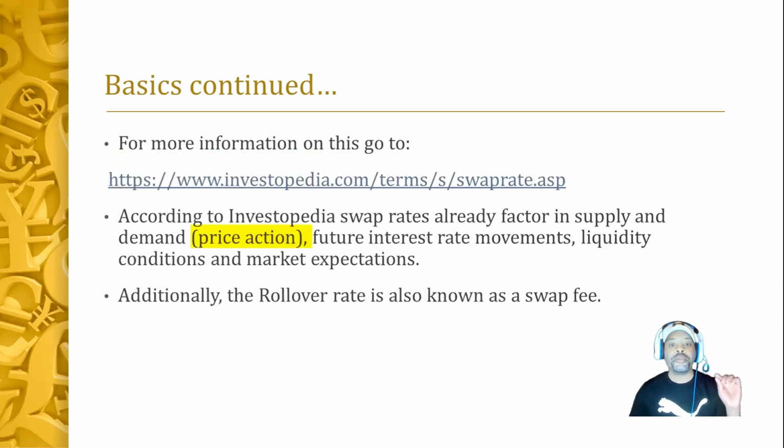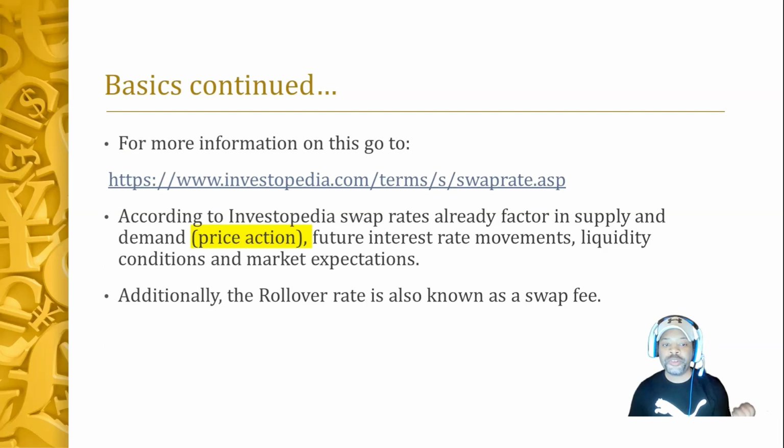So make sure you save this link or you research it yourself, because Investopedia is kind of like an encyclopedia for trading, and it goes into great detail. But I took a screenshot from Investopedia, and this is exactly what it says.